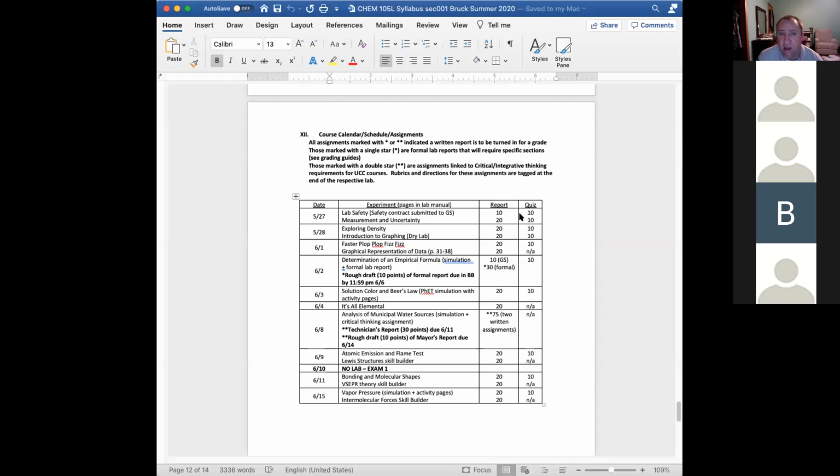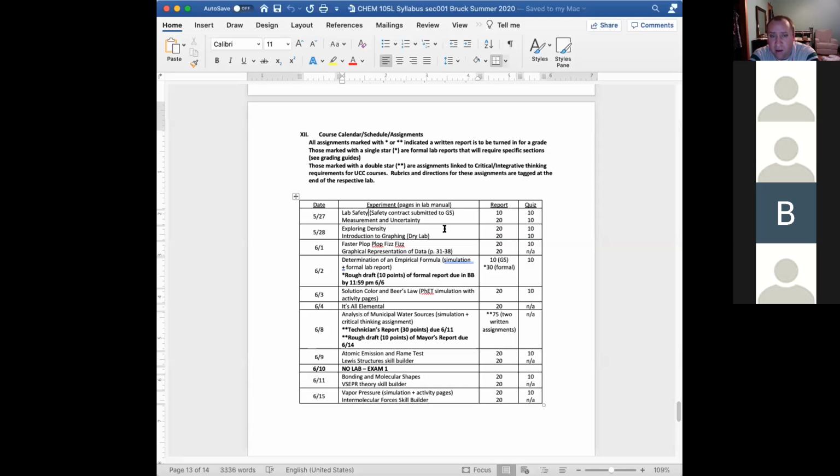There's also this lab safety and this dry lab. Both of those are due Sunday night. If you need a little bit of guidance on those, those experiments aren't up in Blackboard yet. I need to upload them. I'll do so probably right after we're done with our session here.